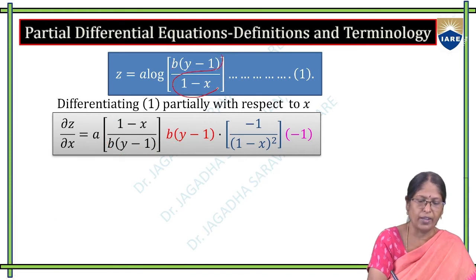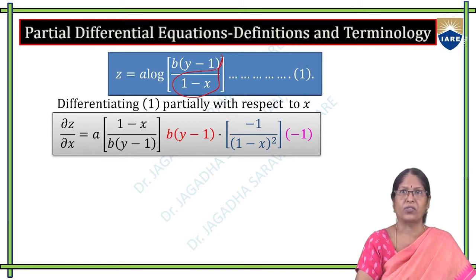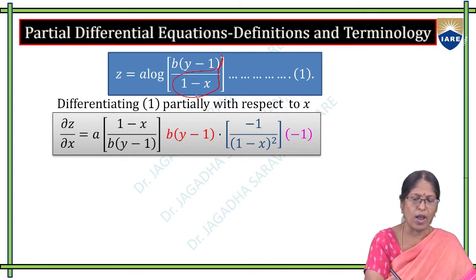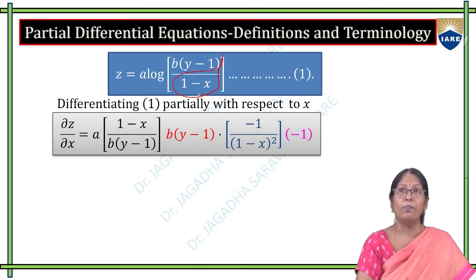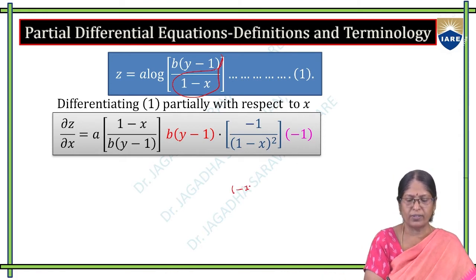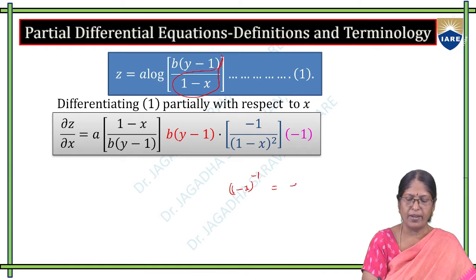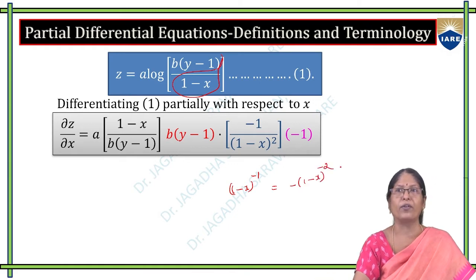What I am circling, this one which has the x term, that is 1 divided by 1 minus x. That 1 minus x, the whole power minus 1, that is minus 1 minus x power minus 2, we can write using the differentiation formula.